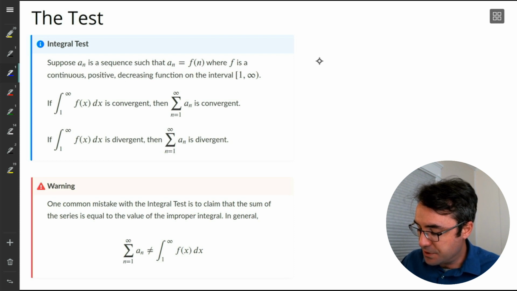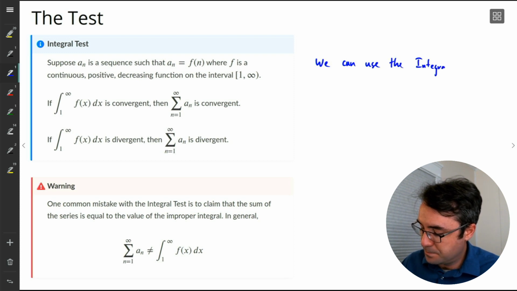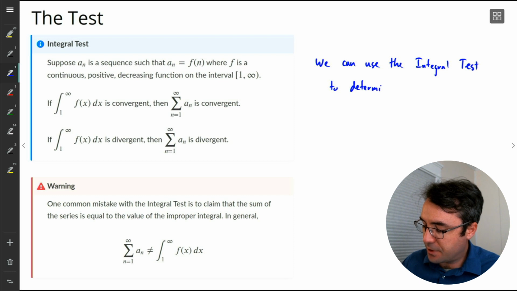So what can we use the integral test for? Well, we can use it to determine the convergence and divergence of a series.